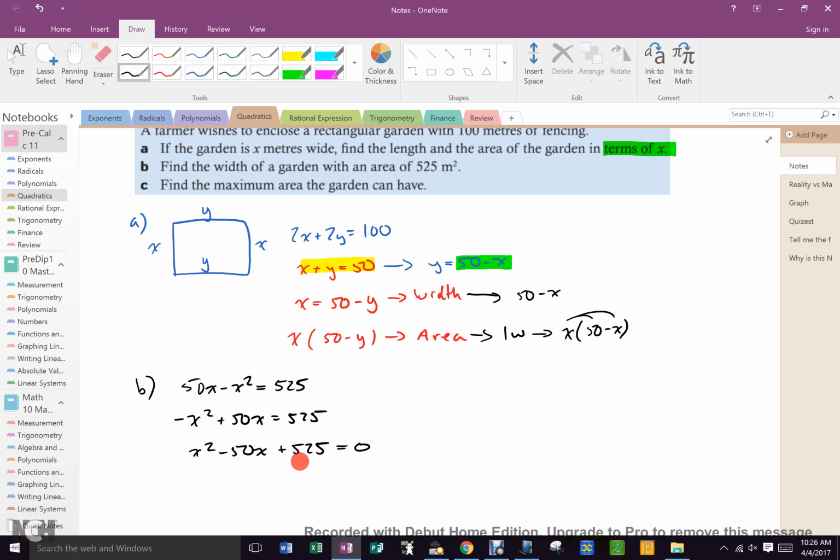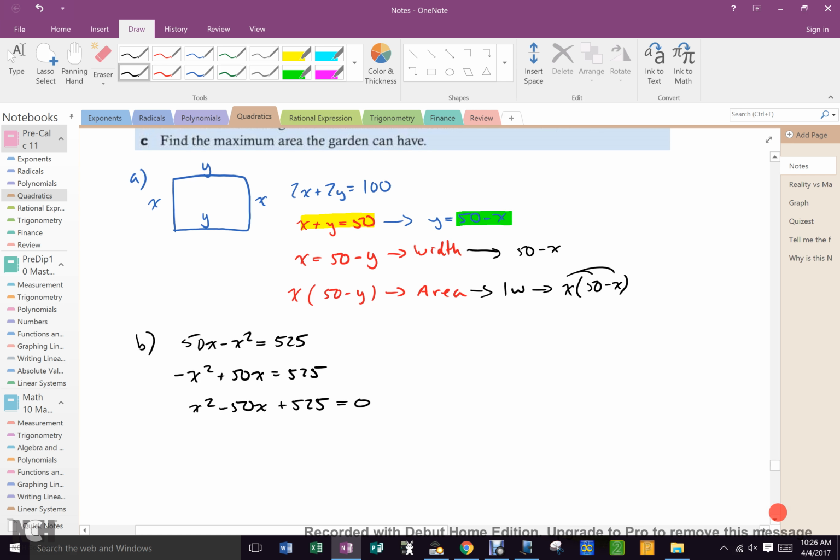Okay, so here's what we're going to do. First, for practice, we're going to run this through. Since that's 50, is it even? So is it a good candidate for completing the square? It is, isn't it? So I'm going to go x squared minus 50x plus what?